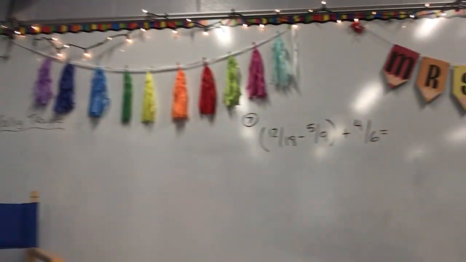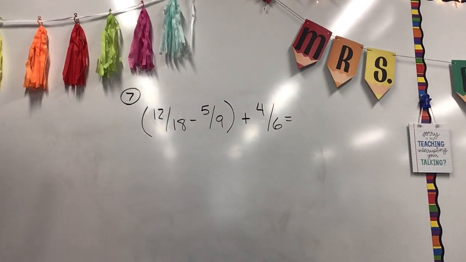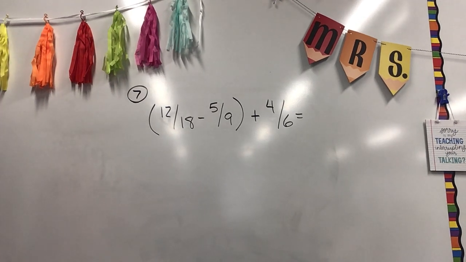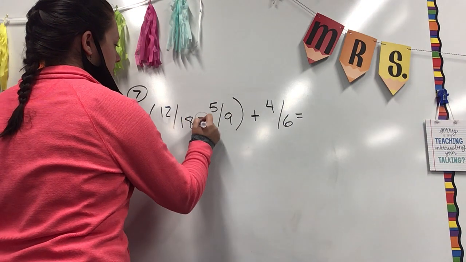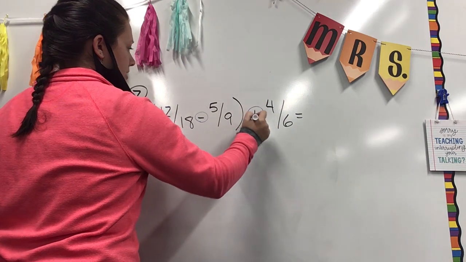Number 7, we're going to have one that has order of operations in it because it has those parentheses. We know when we see parentheses that we do those first. Make sure you are looking at your symbol because here I have a subtraction symbol. Here I have an addition symbol.